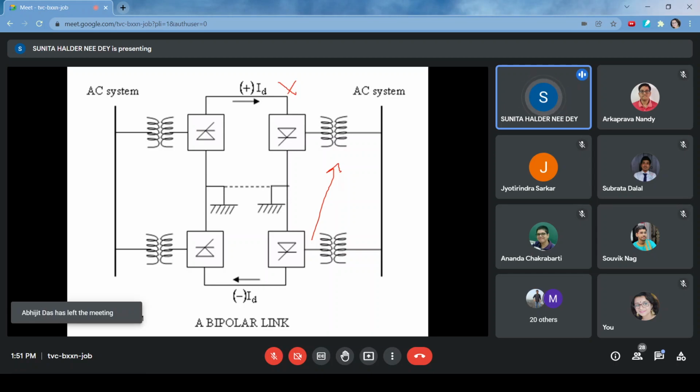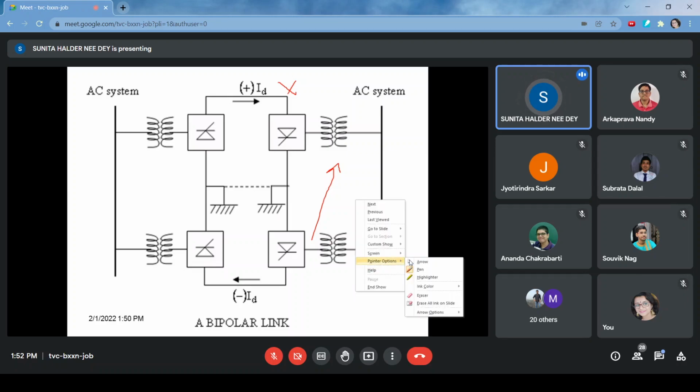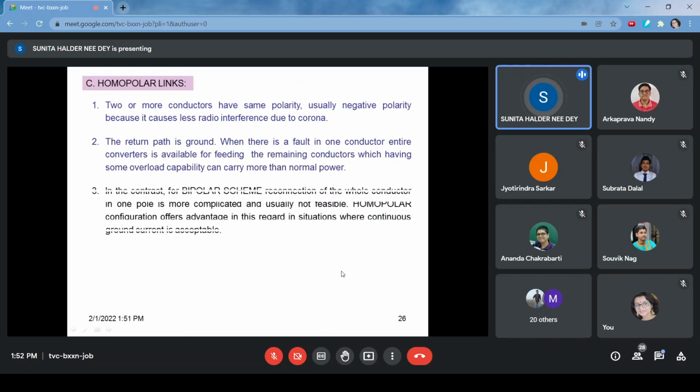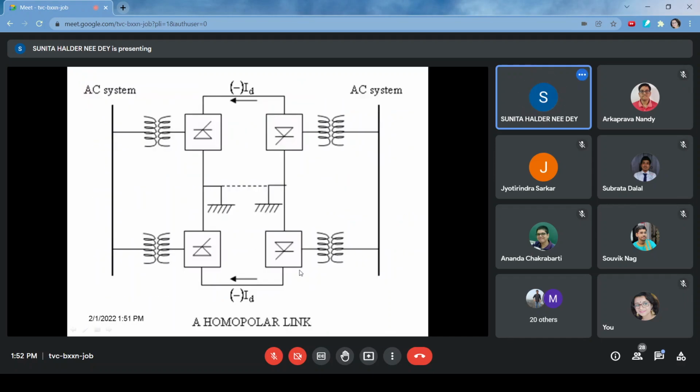That's why we go for the homopolar link. We go for both negative links. And for the negative link, I have told you that interference is less. And since we are using the same positive current and negative current, then the return path may not be required if the currents are equal. But for the homopolar link, always the same configuration is there, all negative current.